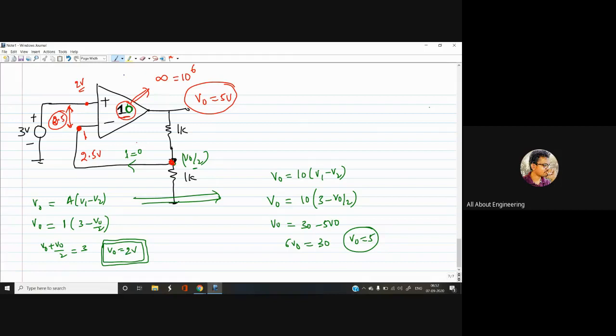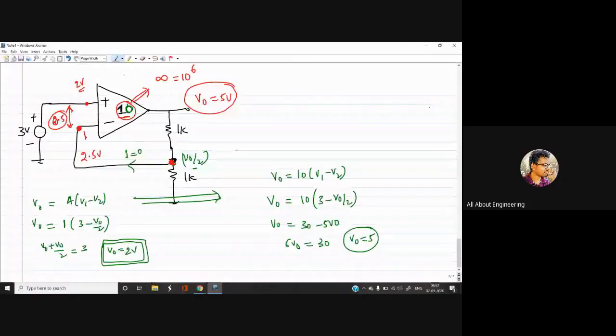I think now you got my point of why I'm saying that the concept of virtual ground is used only when the gain is very high and also the circuit is in negative feedback condition. Don't worry, this example is just to give you a feel that as gain increases, the differential voltage or the error between these two terminals will decrease. That is the point I want to make.